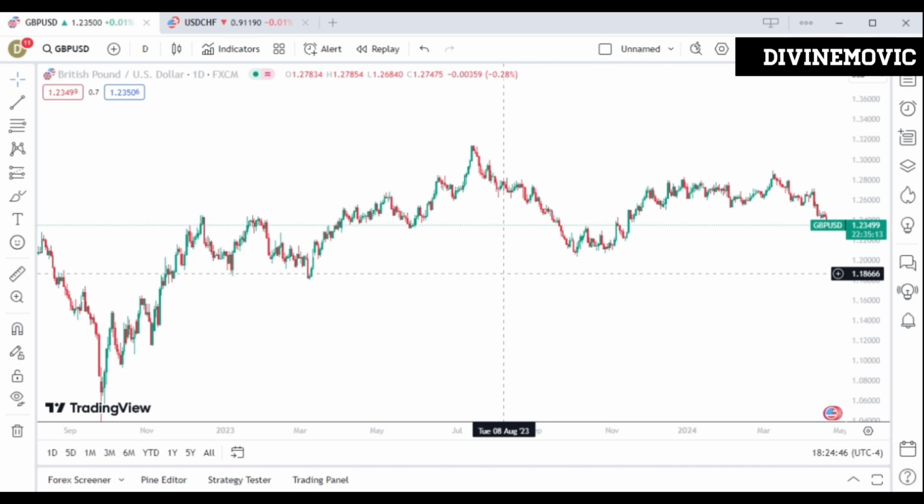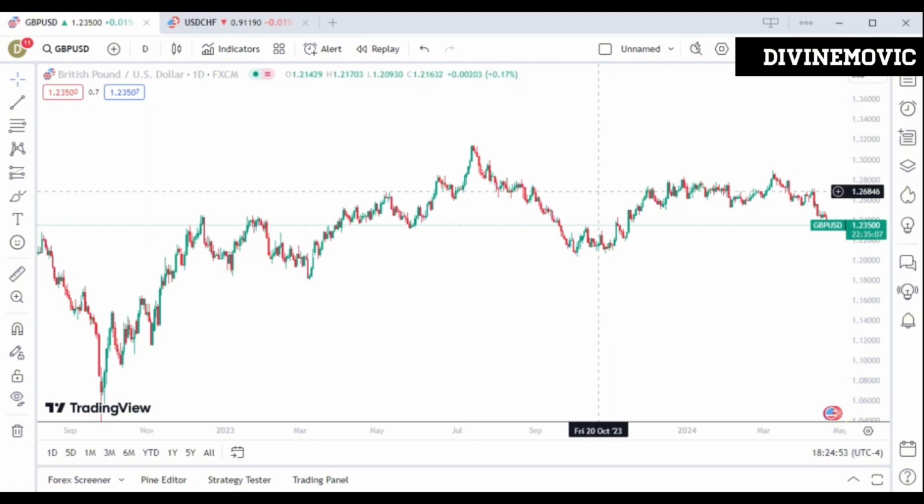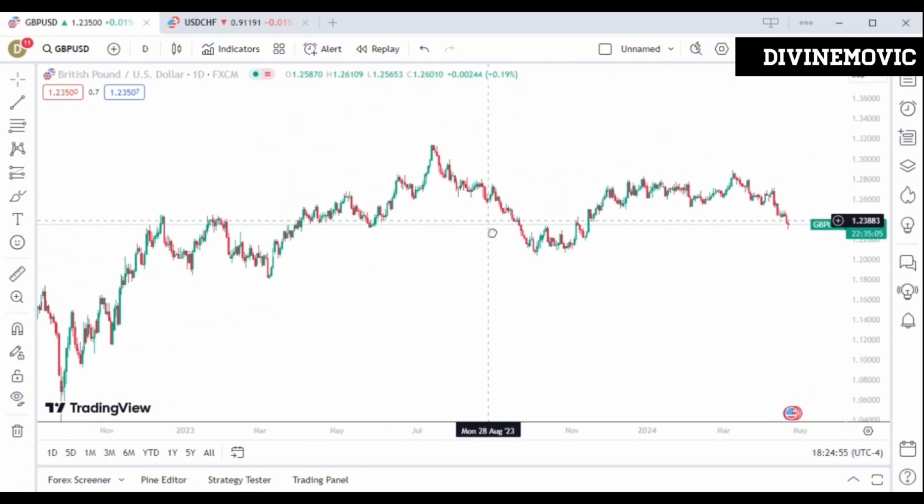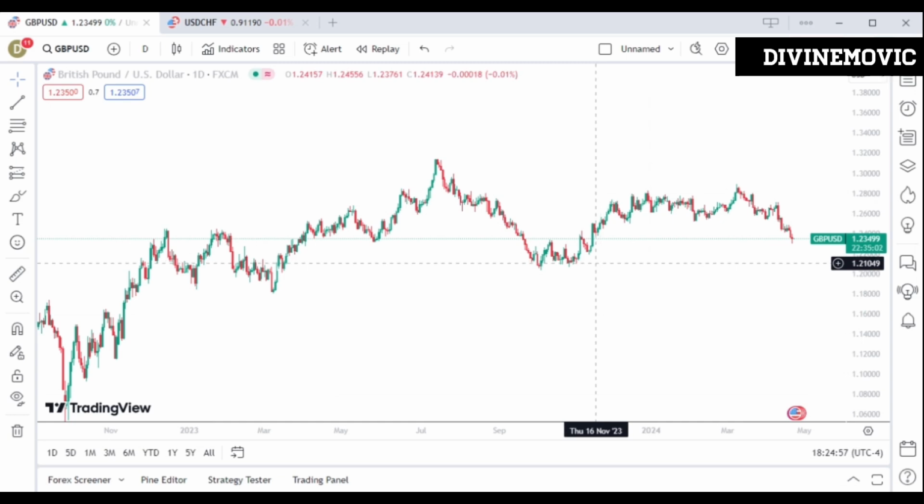Is the market in a ranging phase, trending to the upside, or trending to the downside? This is referred to as market condition.